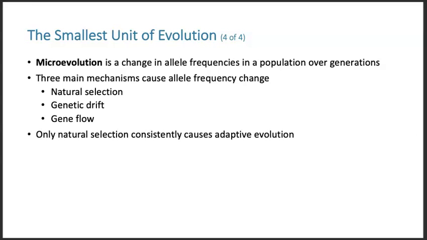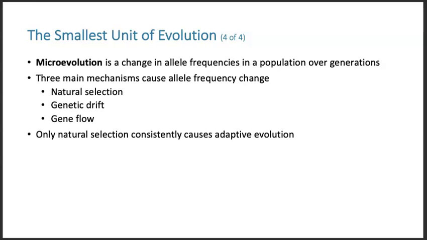Remember, evolution is just change in the population. We do tend to break down evolution into microevolution and macroevolution. Macroevolution means big evolution, right? That would be the formation of new species. But microevolution is change in allele frequencies in a population over time, usually over generations.